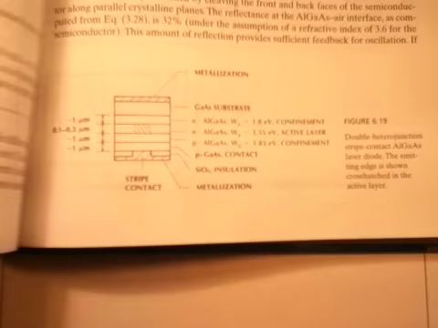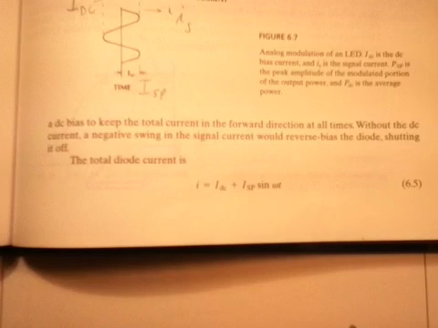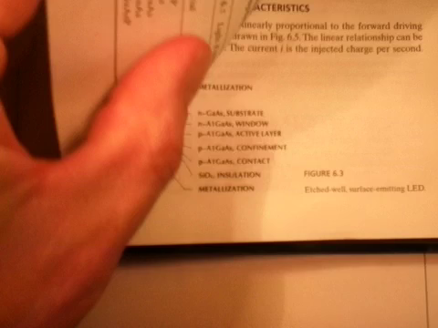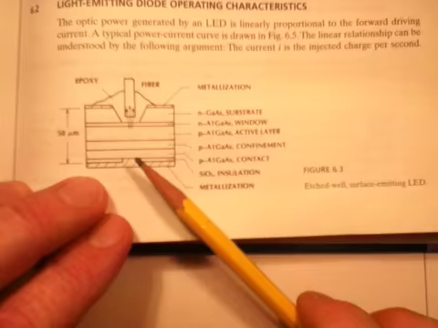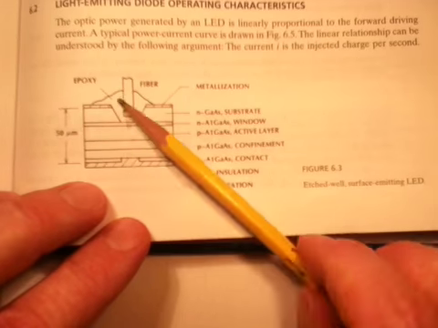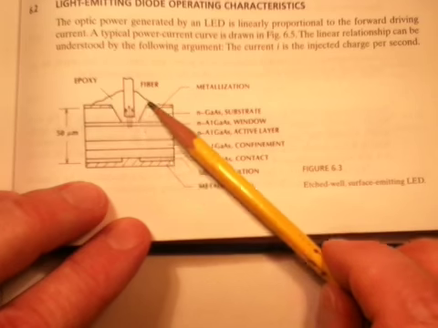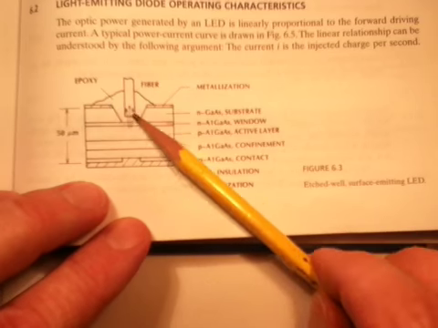Surface emitting devices, it turns out, are very cheap to manufacture. We can make very low cost surface emitting LEDs this way, where we've taken part of the surface of the device, etched it away, and made a place for a fiber to go.